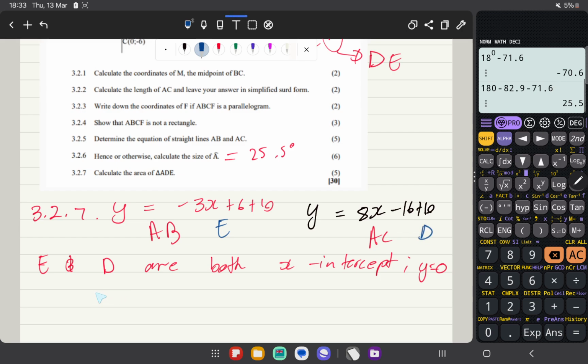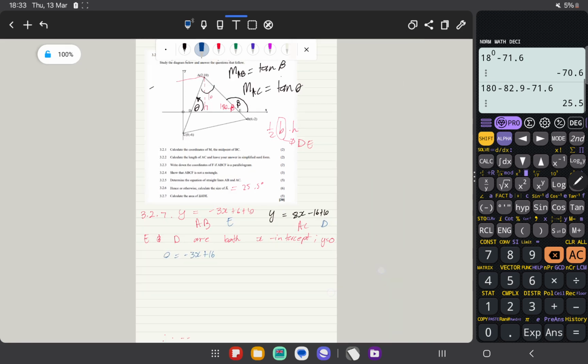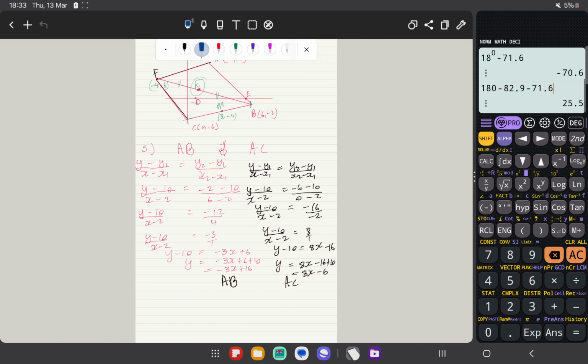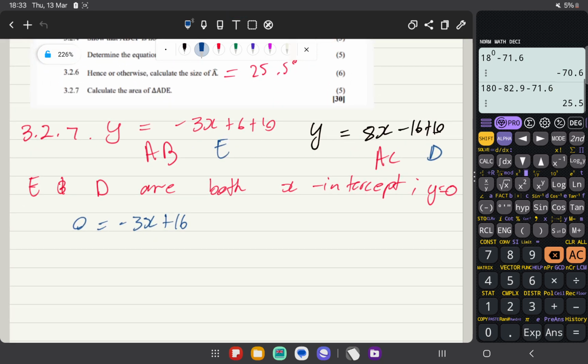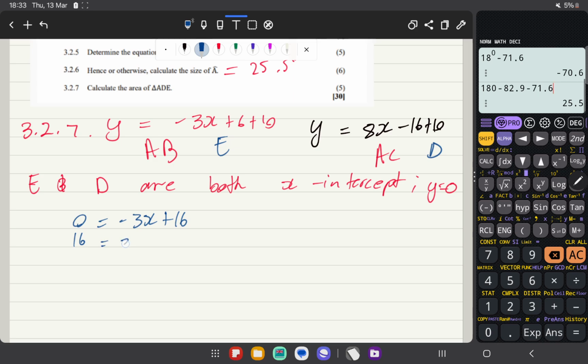So for point E, 0 is equal to minus 3x plus 16. Transposing, 3x equals 16, and dividing, x is equal to 16 over 3.